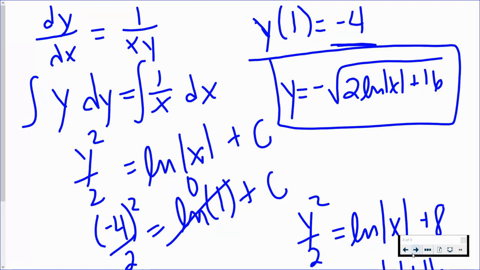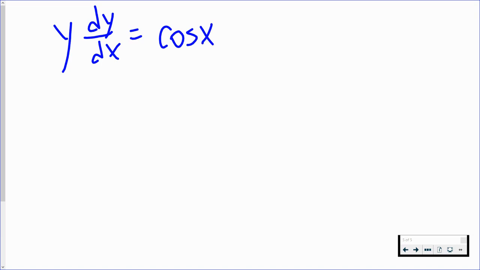All right, let's do one more with an initial condition. Let's say we have y dy/dx equals cosine of x, and we know that y of 0 equals 3. We want to work backward and then use our initial condition to find the c value.